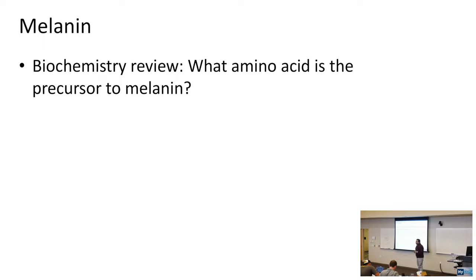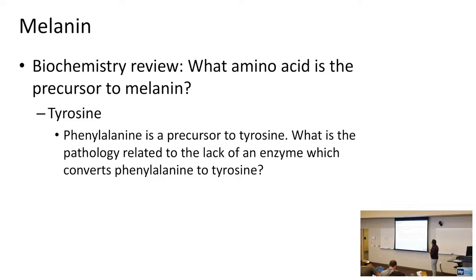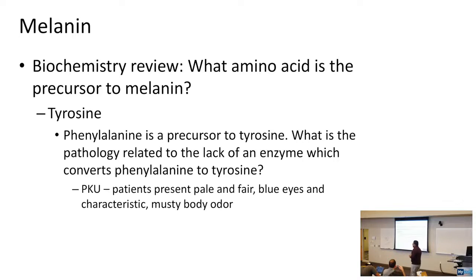So let's talk about melanin. Biochemistry review. What is the precursor to melanin? The precursor to melanin is going to be tyrosine. So phenylalanine is a precursor to tyrosine. And what is the pathology related to the lack of an enzyme which converts phenylalanine to tyrosine? Phenylalanine to tyrosine, that is going to be PKU.